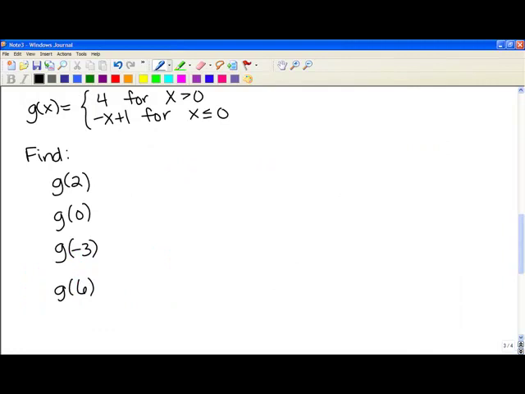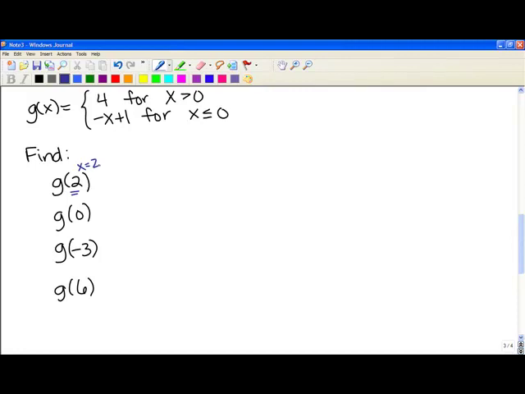The function is g of x equals 4 for x greater than 0, and negative x plus 1 for x less than or equal to 0. So again, let's start by finding these values. G of 2. So we need to decide which piece we're going to use with the value 2.